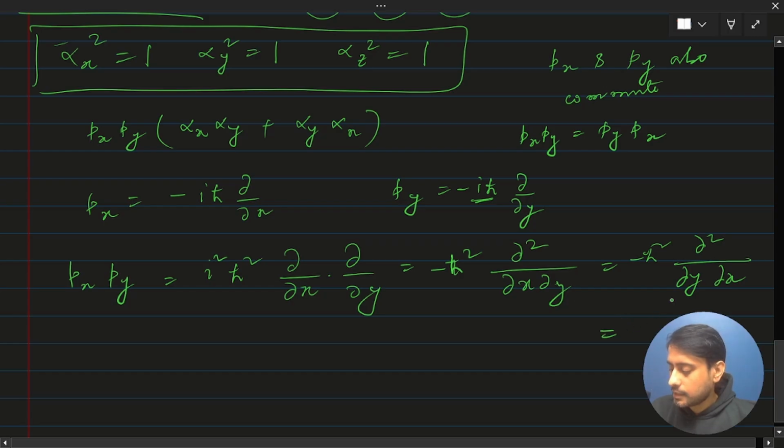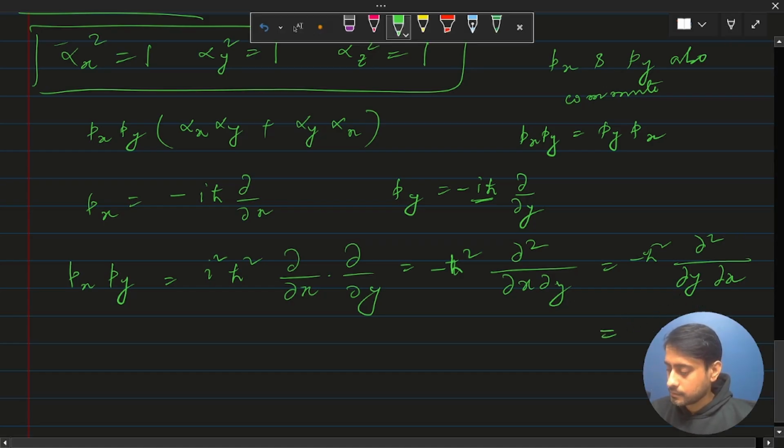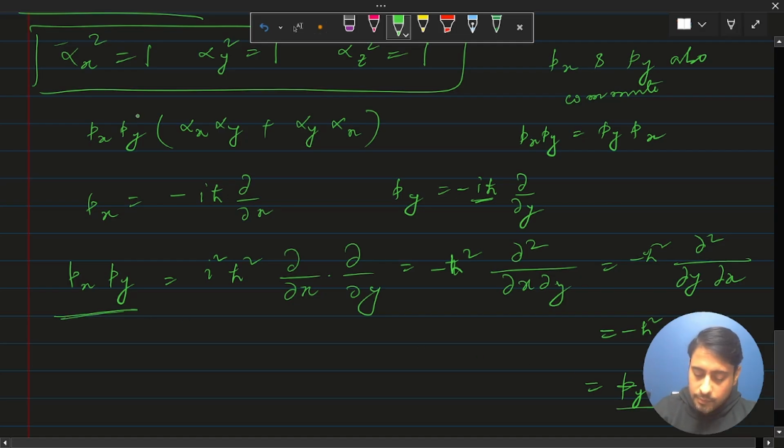You can write it as minus h bar square del over del y del over del x, which is simply py px. So we have proved that px py and py px commute. That's why we can take this to the left hand side.